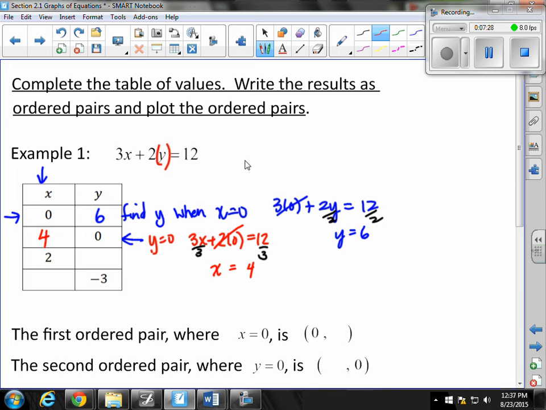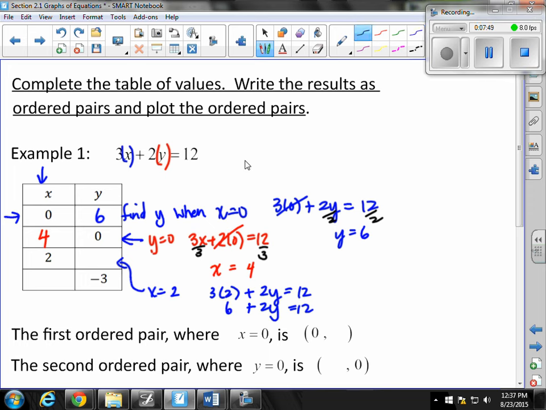The third line in our chart is asking us to find what happens when x equals 2. So we're going to go back and plug 2 in for x. 3 times 2 plus 2 times y equals 12. 6 plus 2y equals 12.